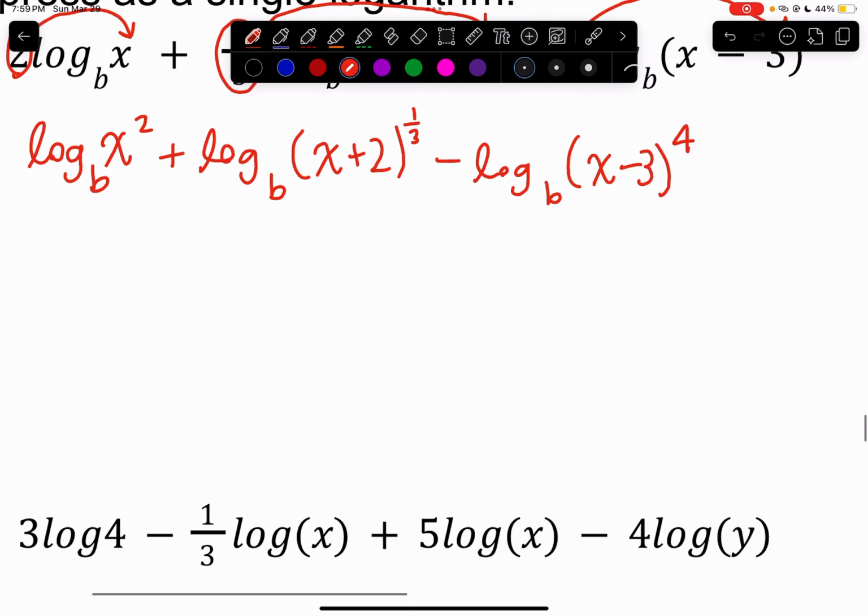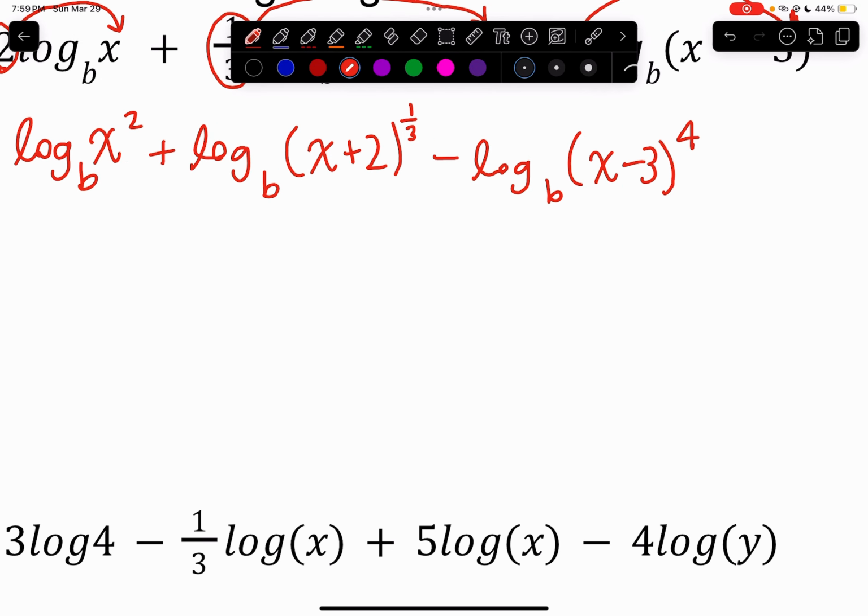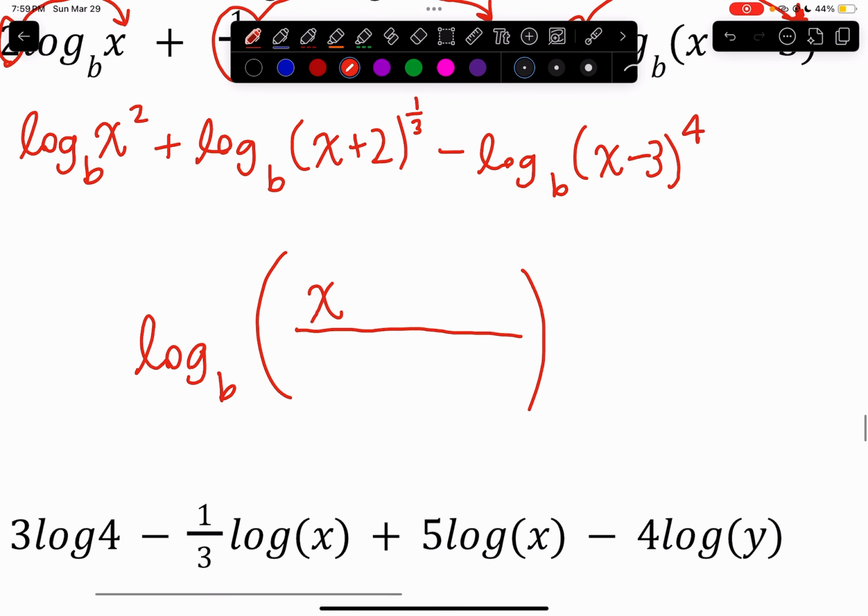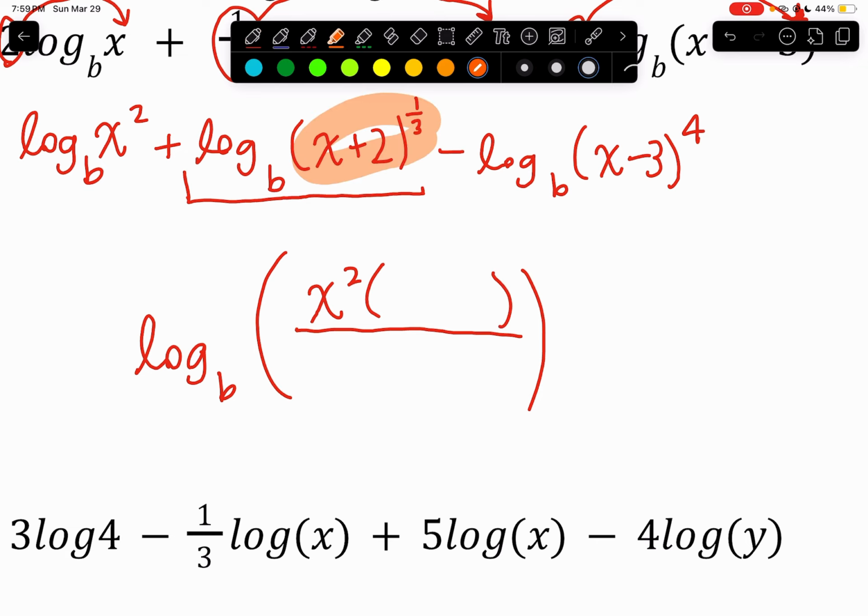Okay, now for rule 2 and 3, I'm going to make this all one big log. Log base b. And I see that some of these are getting added, some of these are getting subtracted, so I'm going to set up a fraction. And I've got x squared up top. Okay, it's being added by log base b of (x plus 2) to the power 1/3, which means x squared is getting multiplied by this right here.